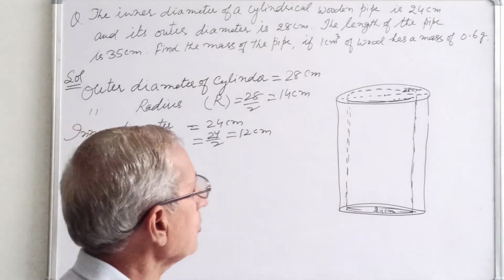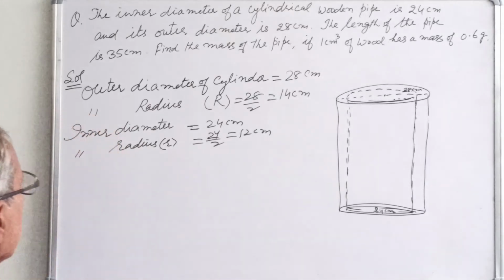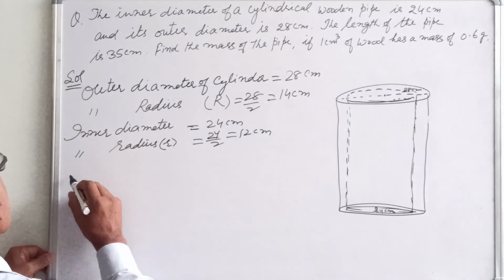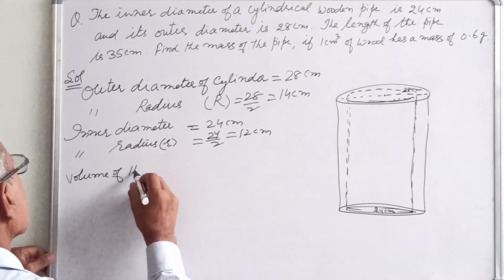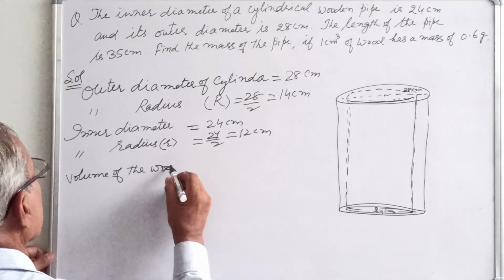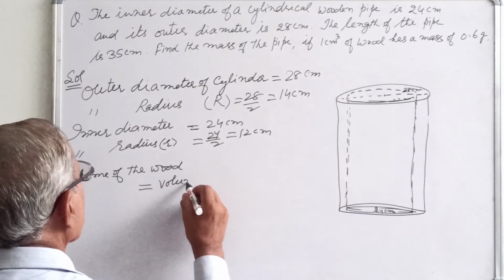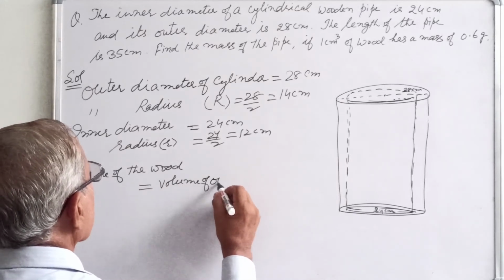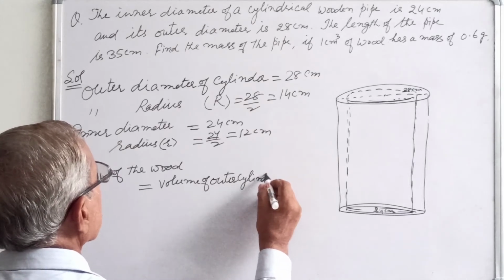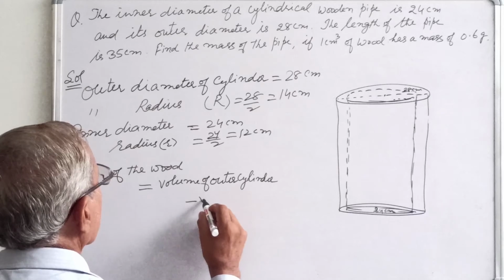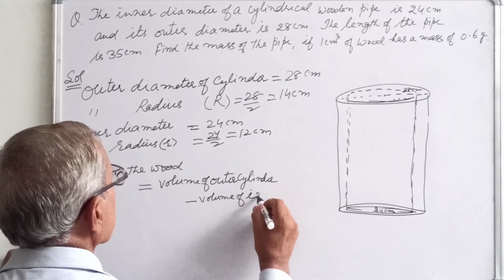So you have to find the volume of the wood and then the mass of the wood. Therefore the volume of the wood will be the volume of the outer cylinder minus the volume of the inner cylinder.